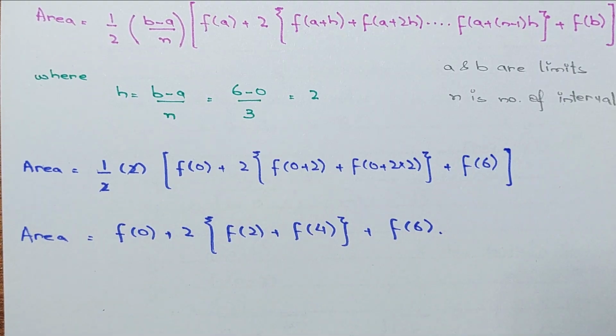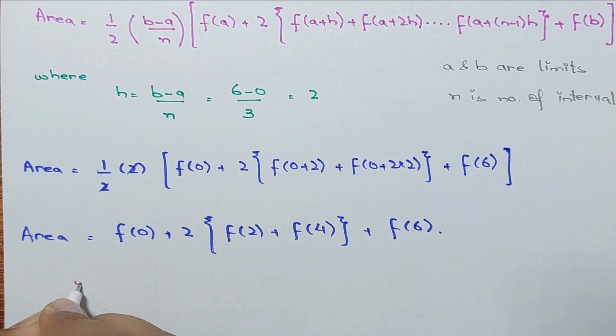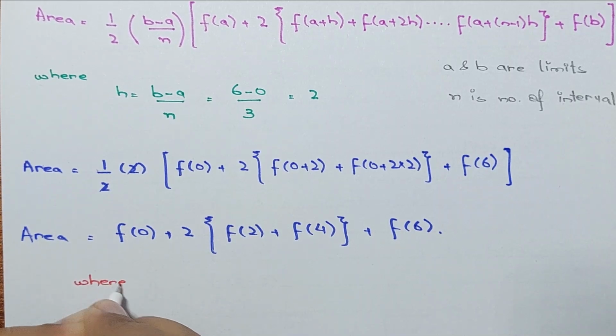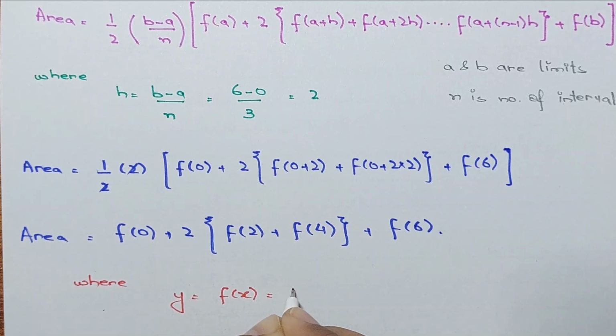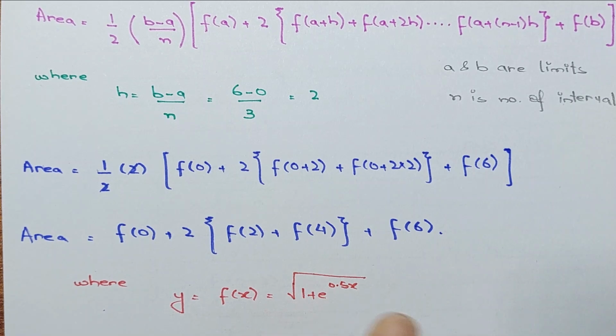Okay, so we have been given f of x, where y equals f of x equals square root of 1 plus e to the power 0.5x. So just replace x with 0, 2, 4, and 6.